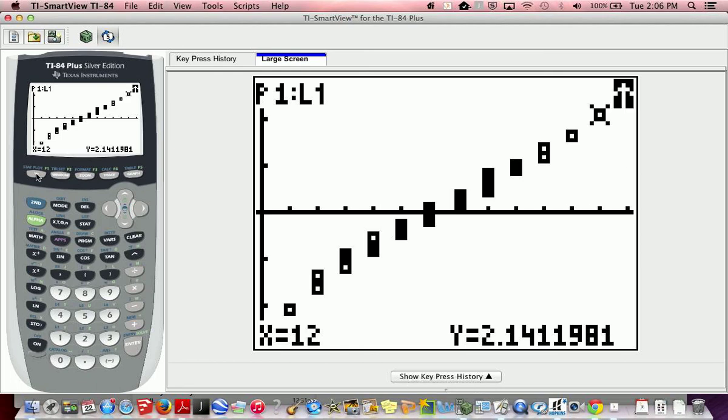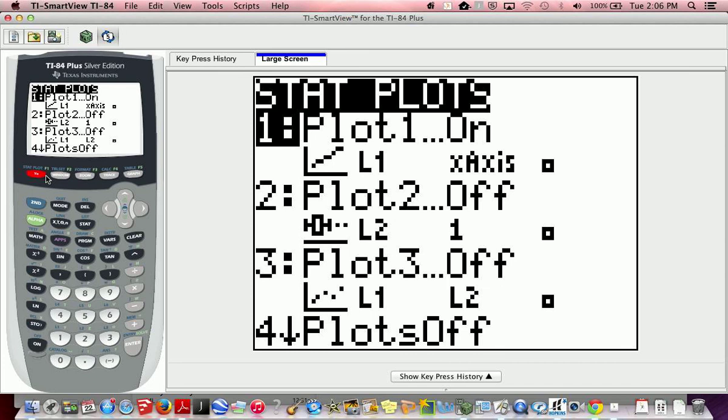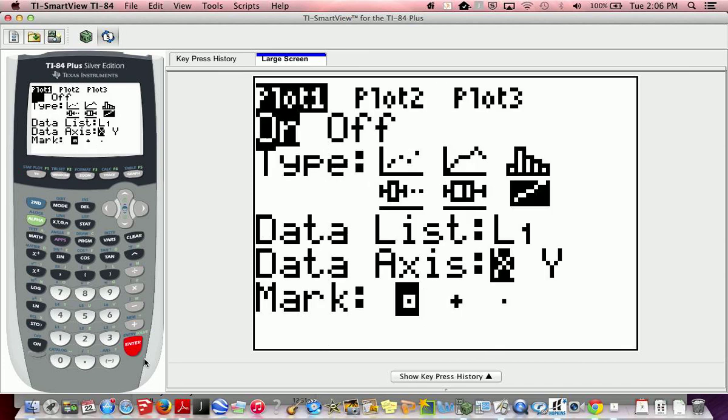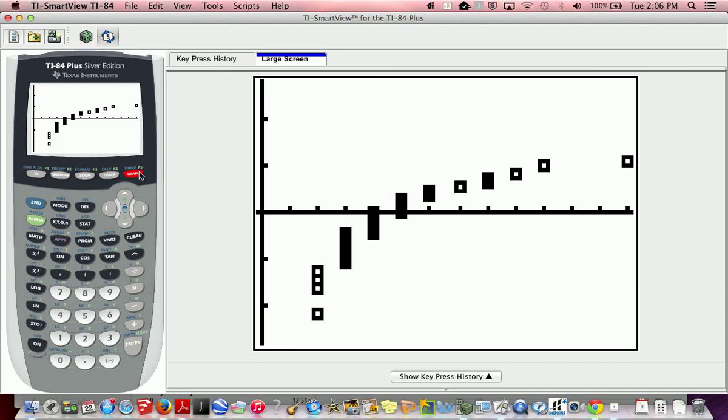When I go to my stat plot, I'm still going to stick with the first one here, but I'm going to change it from list 1 to list 2. Now some students sometimes just go ahead and hit graph, and they can get themselves in a little bit of trouble, because is this my entire data set? No, it goes from 0 to 12 because that's my old scale from my previous graph. And I have data points that are much bigger than 12. So again, don't forget the zoom 9.